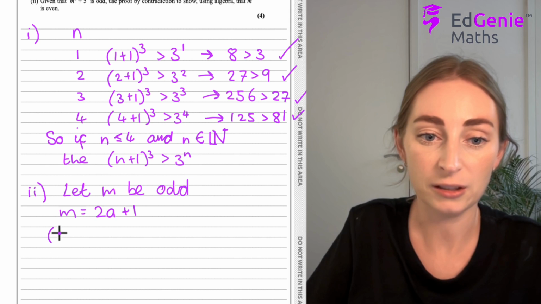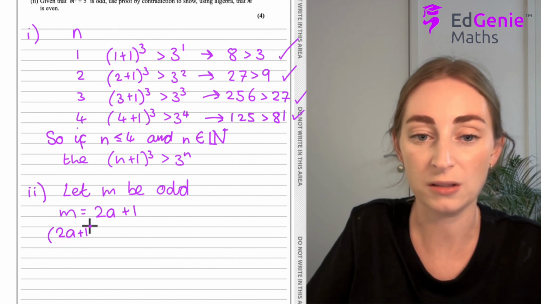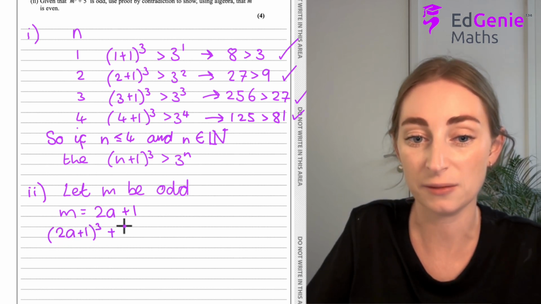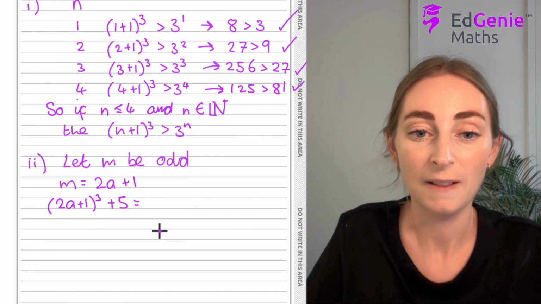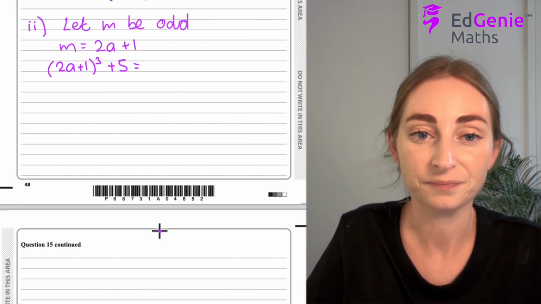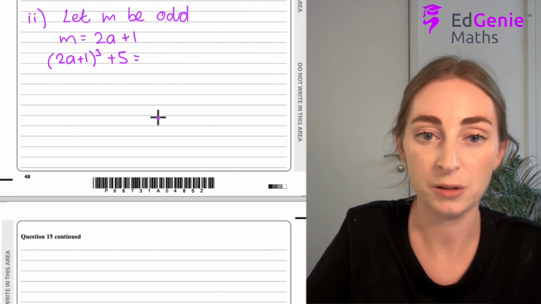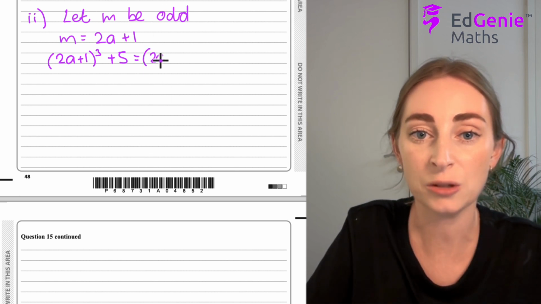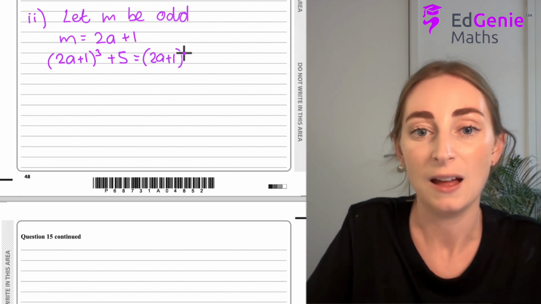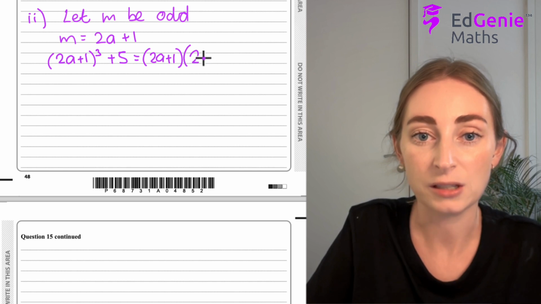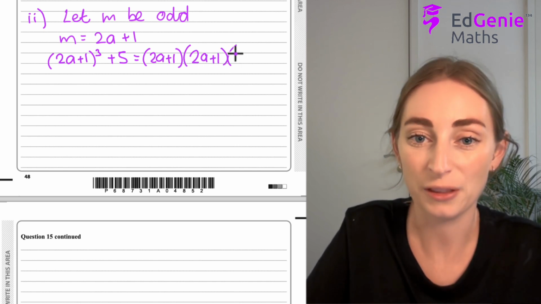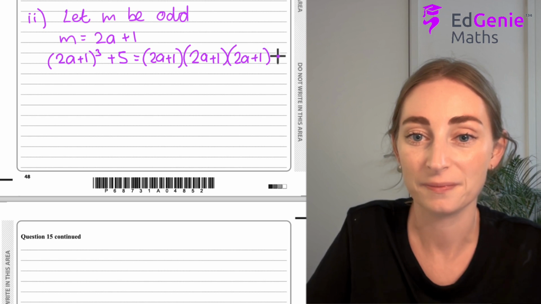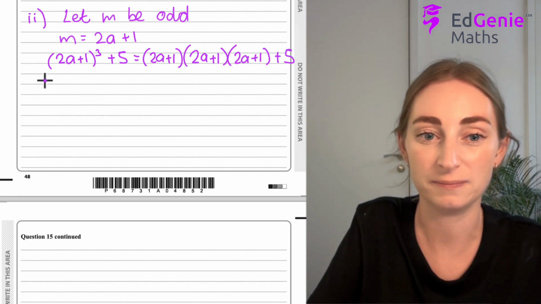So let's have a look. (2a plus 1), all cubed, plus 5. That's what we need to work out now. Little bit fiddly. So what I'm going to do is write out 2a plus 1, then write out 2a plus 1 again, and for a third time, plus 5.